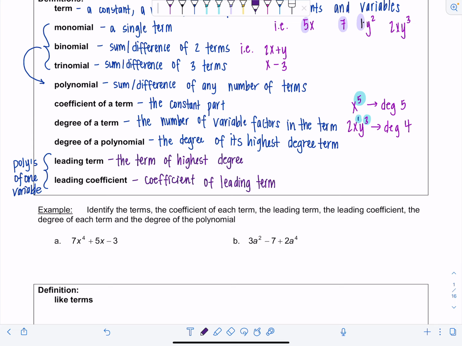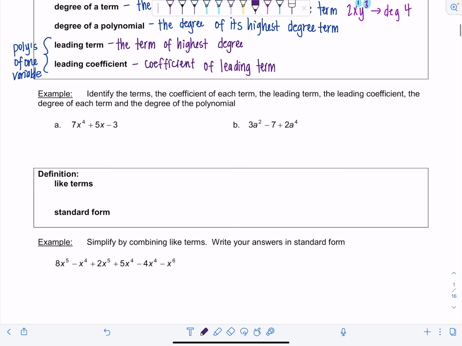All right. So here we go. We're going to look at some examples, just applying the vocab and getting comfortable with it. So first example asks us to identify the terms, the coefficient of each term, what the leading term is, the leading coefficient, the degree of each term, and the degree of the polynomial. Okay, so let's make it organized.